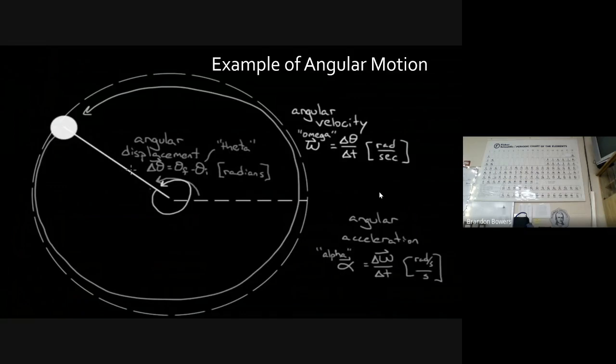So theta, remember, theta over time is omega, just kind of like distance over time. And then angular acceleration, so instead of velocity over time, we have omega over time. This is just an example of what it will look like.